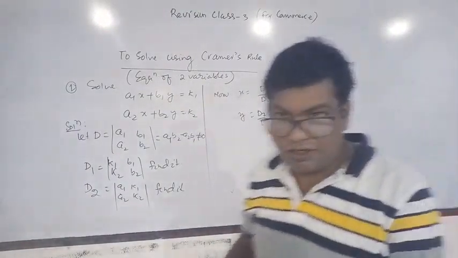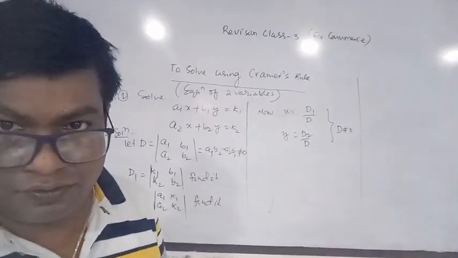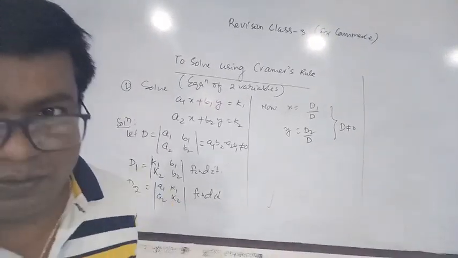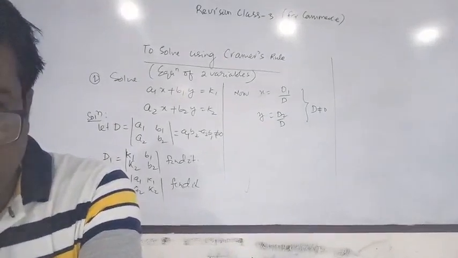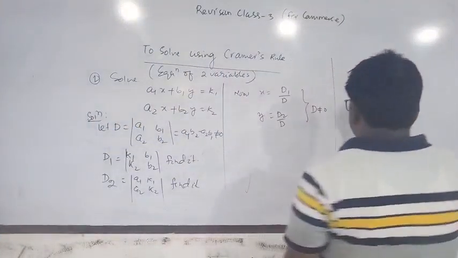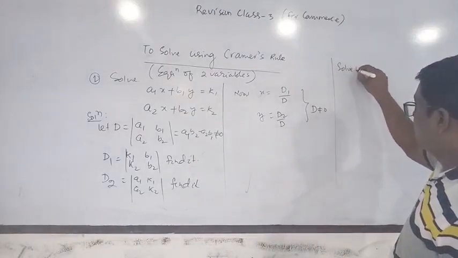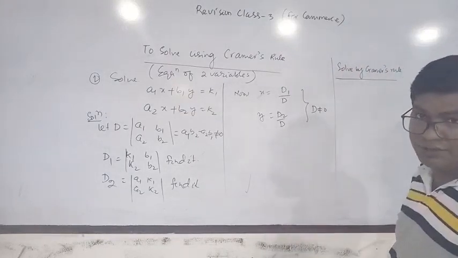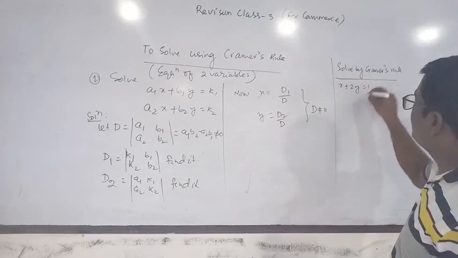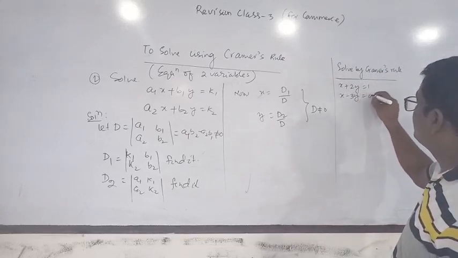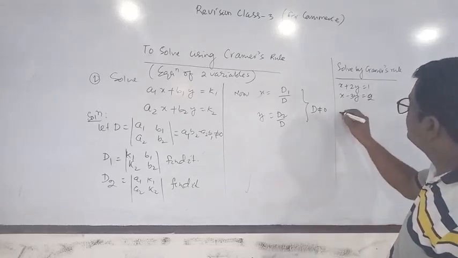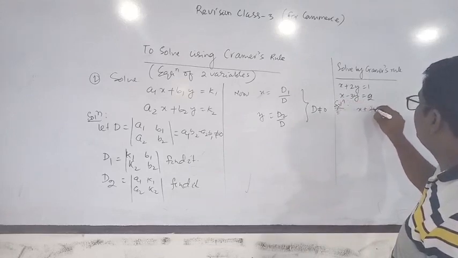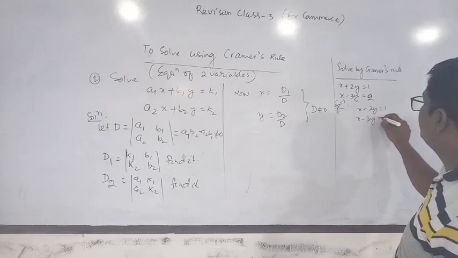The question is: x plus 2y is equal to 1, x minus 3y is equal to 2. So let's solve this question. Solution: write the equations.